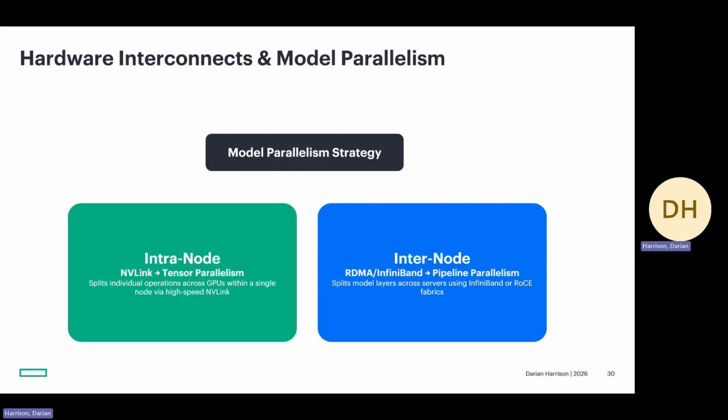So there are two model parallelism strategies. One is the single node multi-GPU, and then there's the internode, so it's going to be the multi-node multi-GPU. The important thing to consider here is FSDP and tensor parallel.